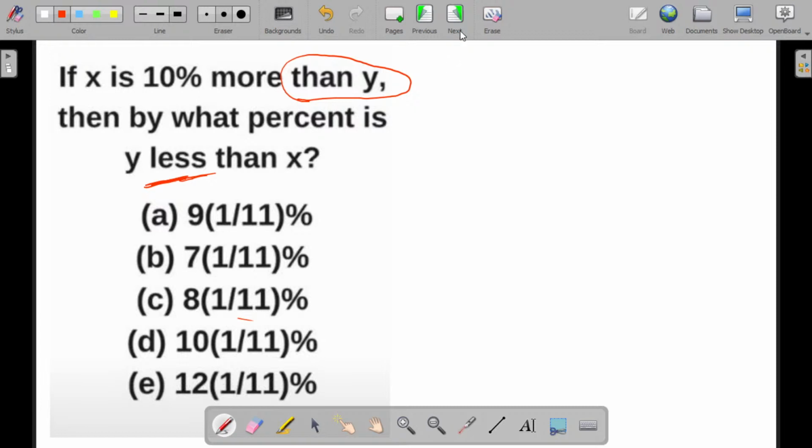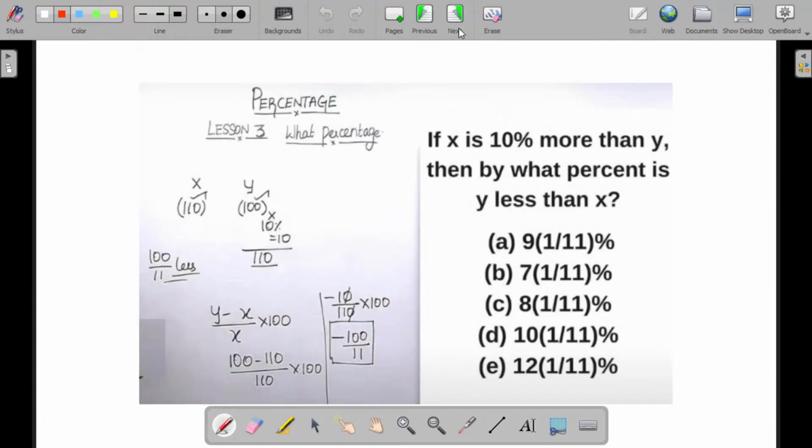Okay, let us see the solution. We are getting different answers. So here x is 10 percentage more than y. Let us consider the value of y as 100. 10% more means the x value is 110 and the y value is 100.